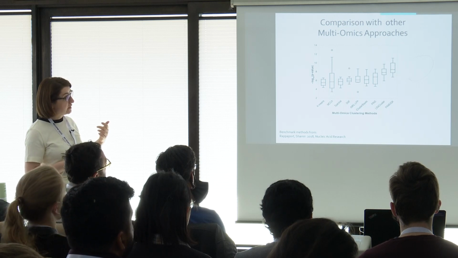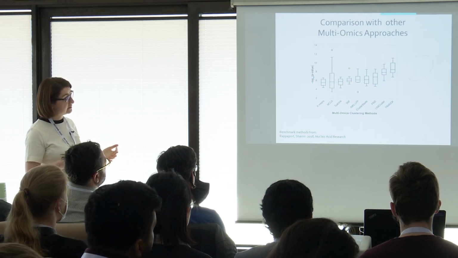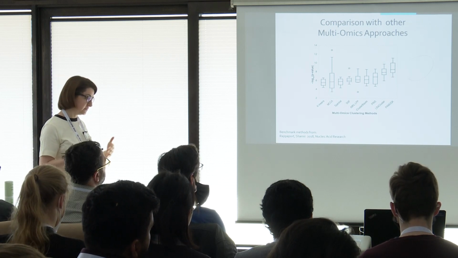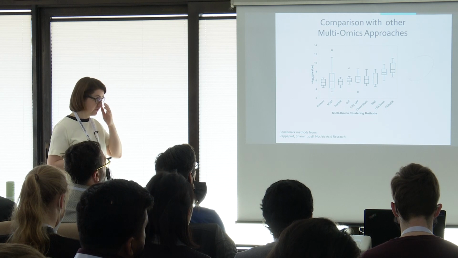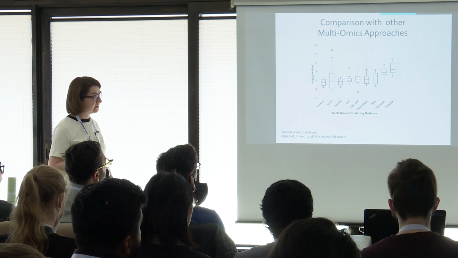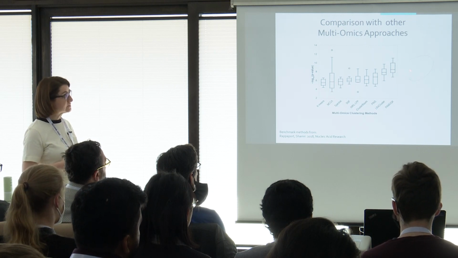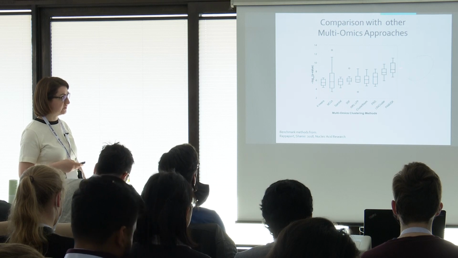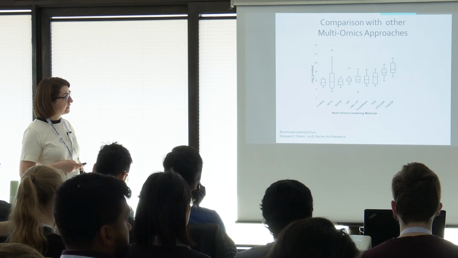Then we bootstrapped our inputs: instead of the original one, let's generate different versions of the input and run the methods, to compare them a little bit better. These box plots show the log p-values that we would get when we run each of these methods.